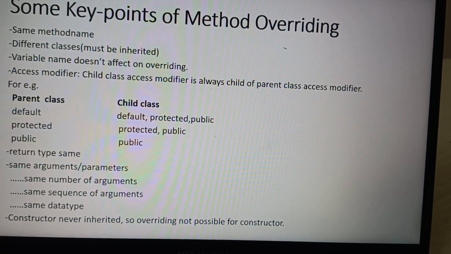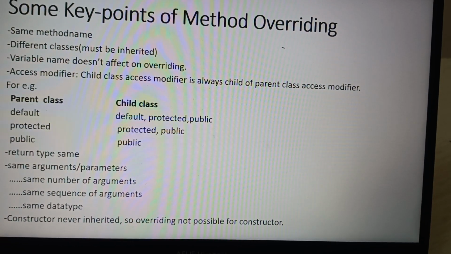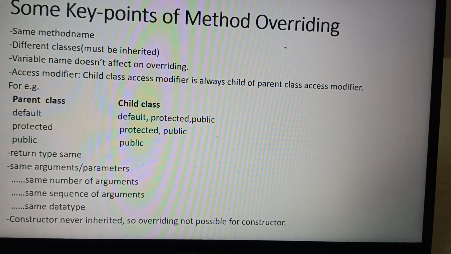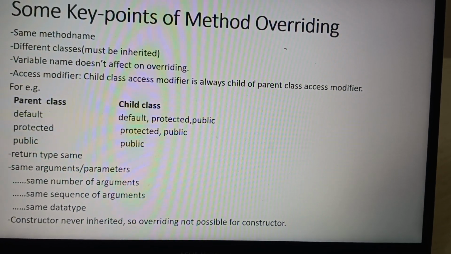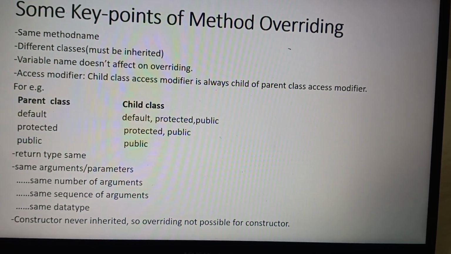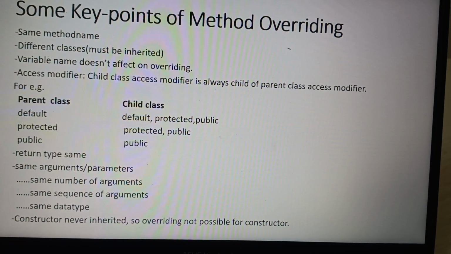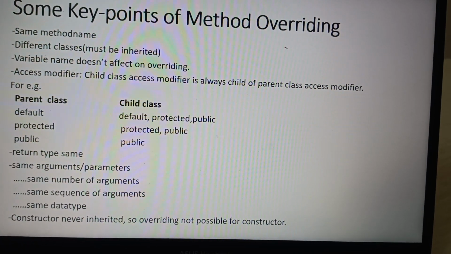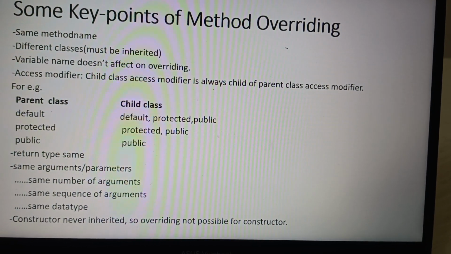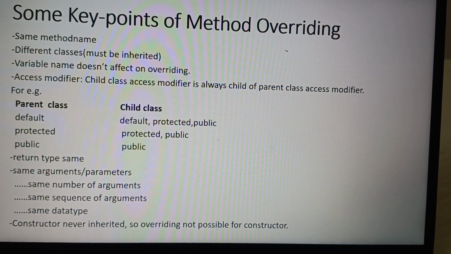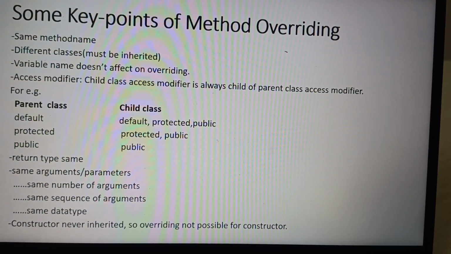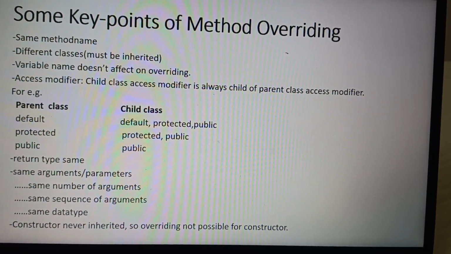Then if we are using protected access modifier in parent class, then in child class we can make use of only protected and public access modifiers. And in case of public access modifier, if public access modifier is used in parent class, then we can make use of only public access modifier in child class. So this is related with how to use access modifiers in parent class and in child class.